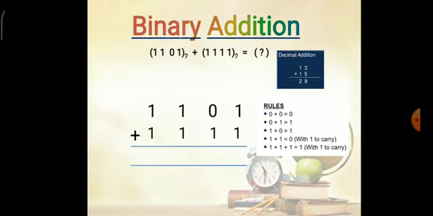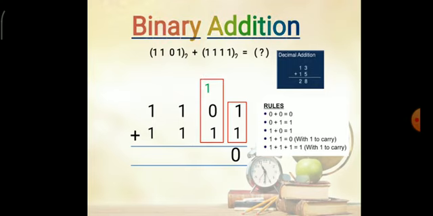Let's solve the first column from the right hand side. 1 plus 1. So students, according to the rule, when a 1 is added with 1, it returns 10, where we write 0 and carry 1. Now shift to the next column.